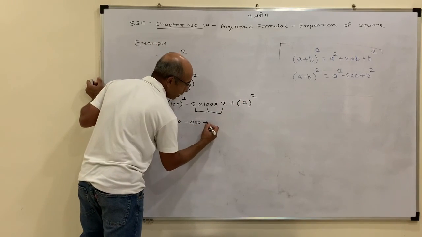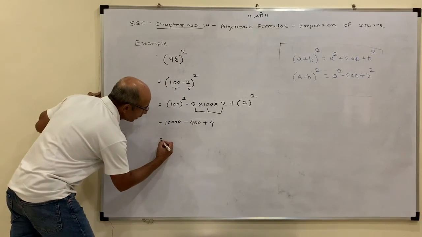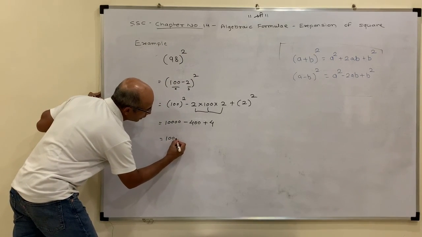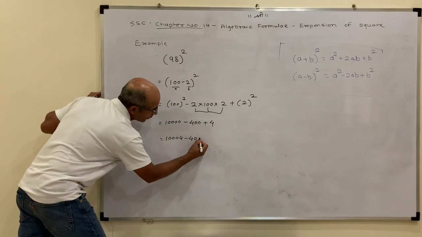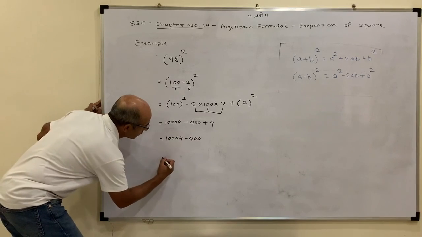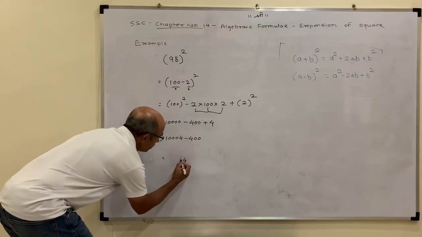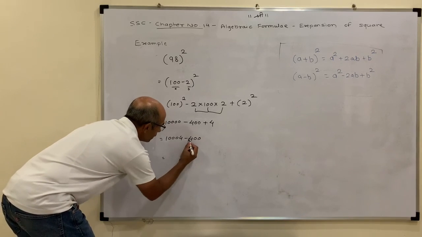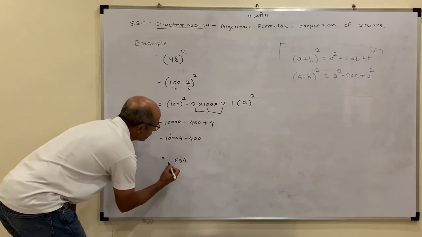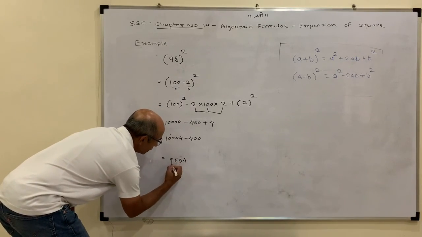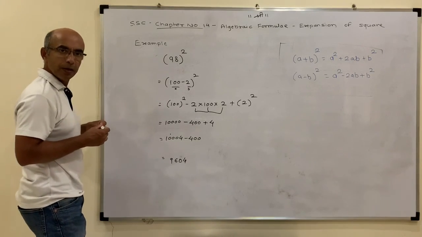Plus 2² is 4. So now 10,004 minus 400 comes out to be 9,604.